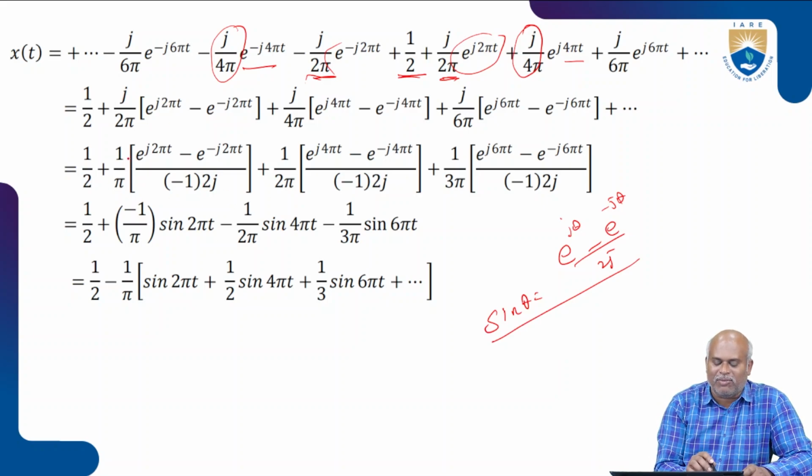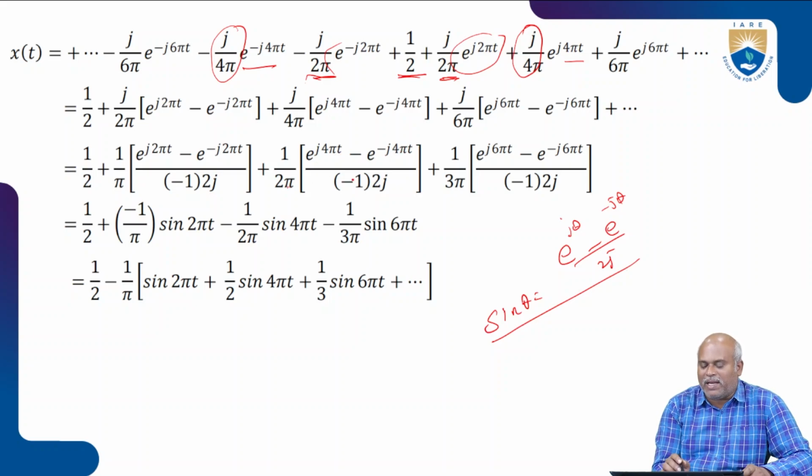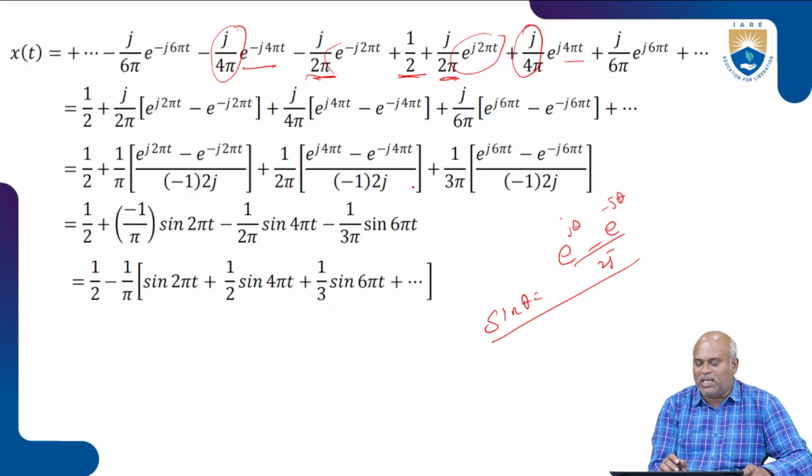That is, I take out the 1 by pi. Here is e power j 2 pi t minus e power minus j 2 pi t divided by 2j, I write here. Same like that 1 by 2 pi, so e power j 4 pi t minus e power minus j 4 pi t upon 2j. Like that I write for all the cases.